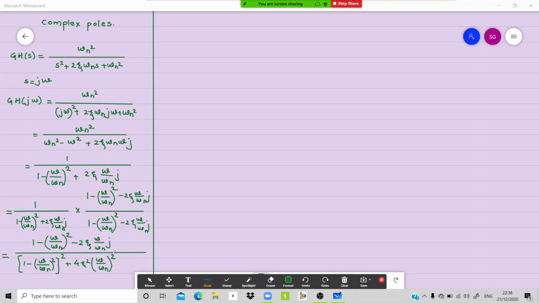Now we'll separate the real part and imaginary part, and we'll try to see for different values of omega what are the 3 cases that we'll get over here. Okay, so first I'll write real part.